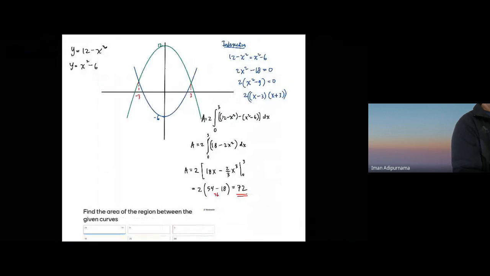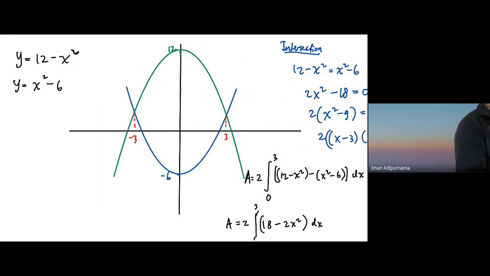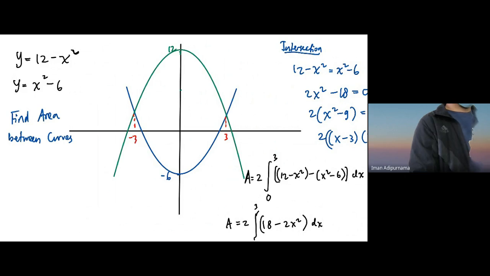The next one is finding the area between curves. If you are given these two curves directly, I think you can directly find the intersections, because you have the positive x squared and the negative x squared, one upwards and one downwards.